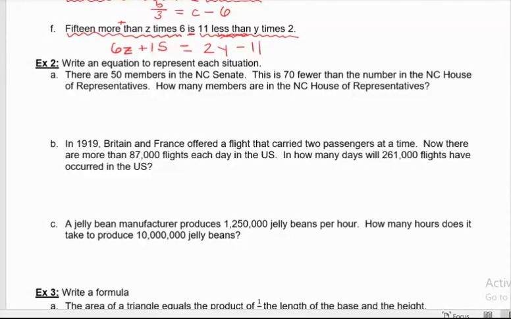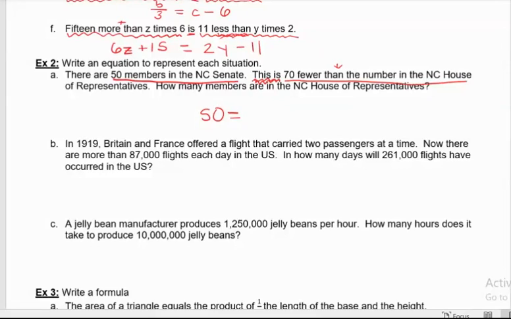So I have 50 members in the North Carolina Senate. This is 70 fewer than the number in the North Carolina House. Okay, so "is" tells me equals. So there are 50 members in the North Carolina Senate, so I have 50 is 70 fewer than.